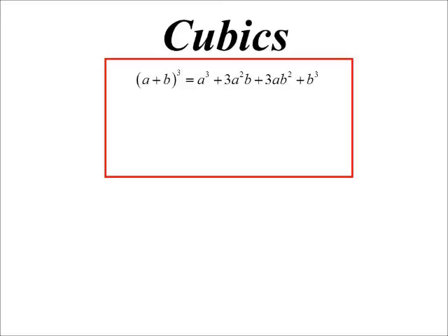So if I come from 1, 4, 6, 4, 1, that's going to go 1, 5, 10, 10, 5, 1. And the algebra will start at, oh, here we go, a to the power of 5 plus 5a to the 4 b plus 10a cubed b squared plus 10a squared b cubed plus 5ab to the power of 4 plus b to the power of 5.